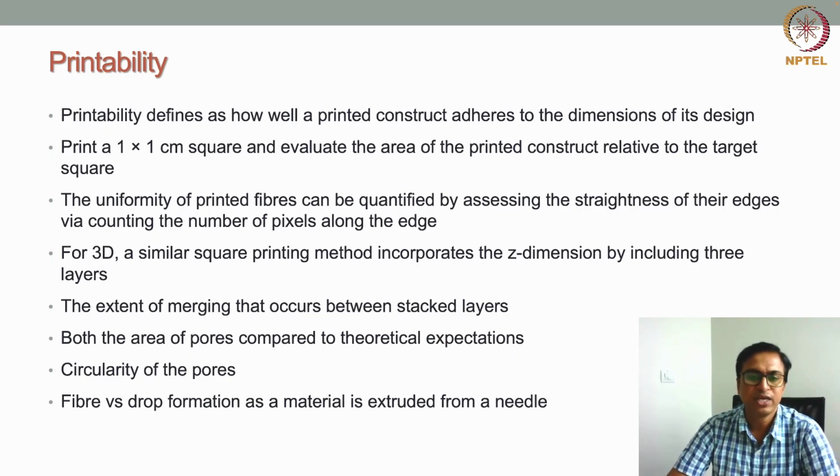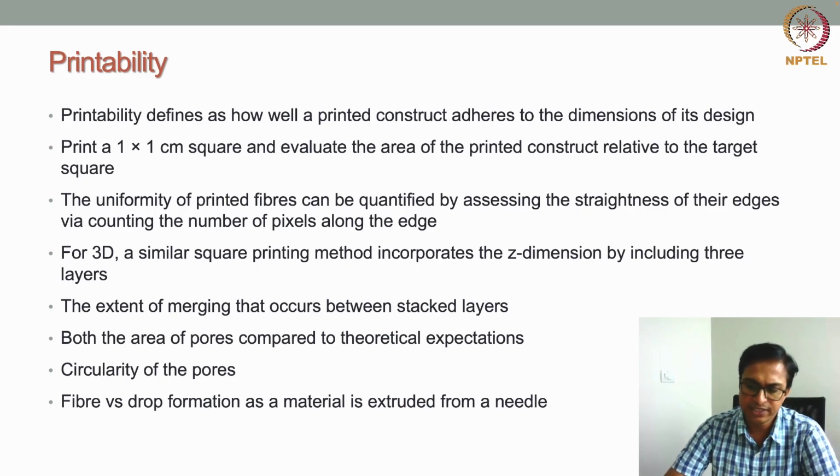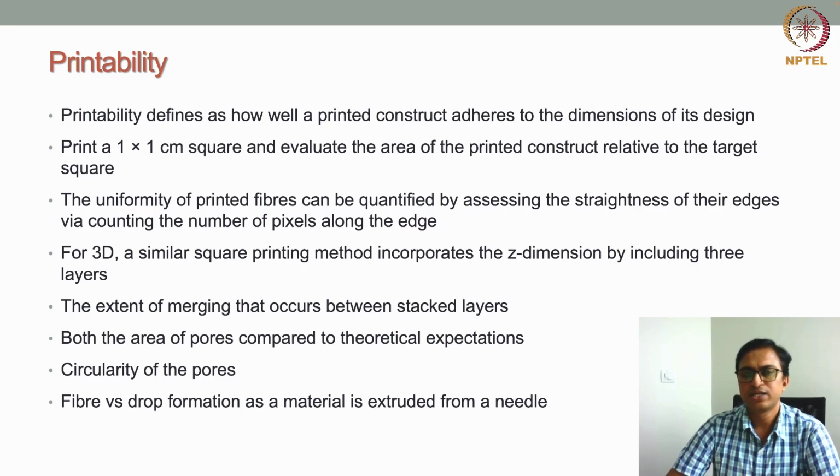Many a time in the literature you can find that when they define printability, suppose they develop a novel bioink, and then they decide what the printability of that bioink is. They choose a technique where they print a lattice structure.